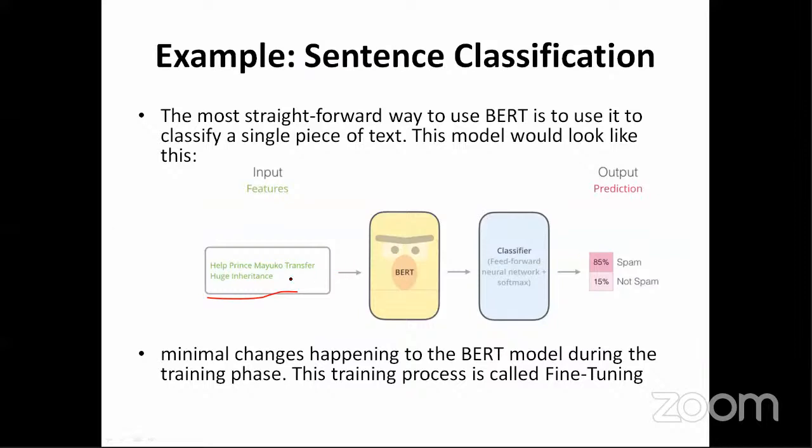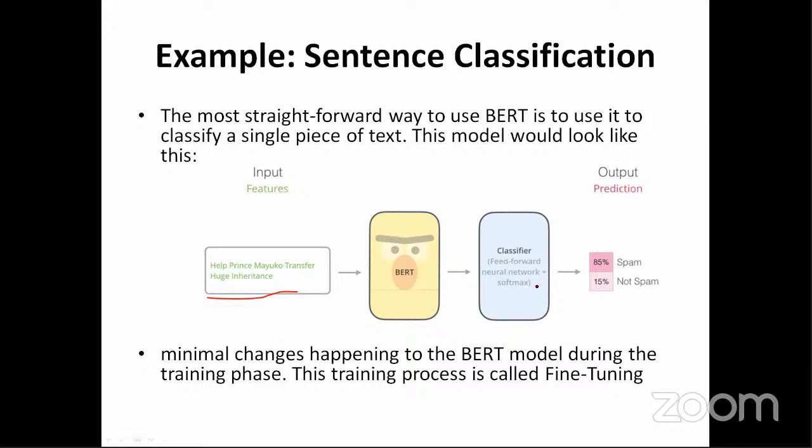You pass the text to BERT, which is a kind of feature extraction, then you go to the classifier. The most straightforward way to use BERT is to classify a single piece of text. This model would look like this.